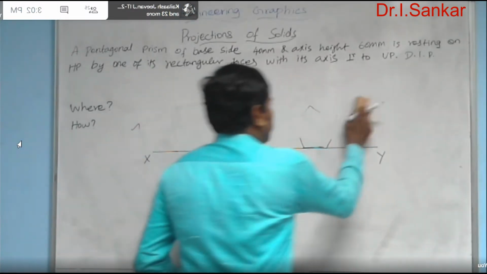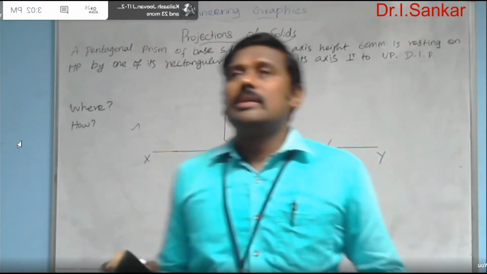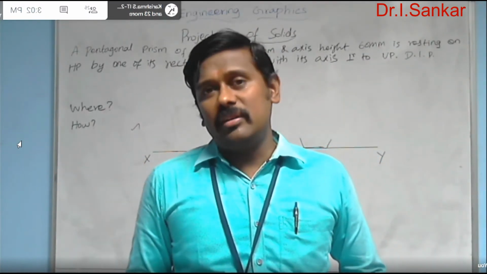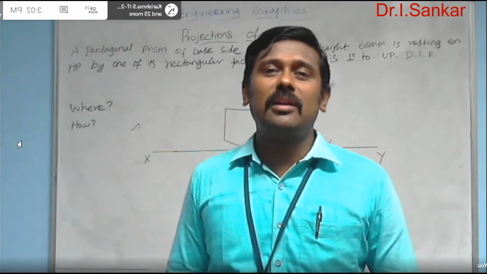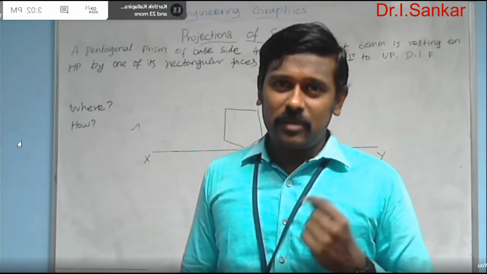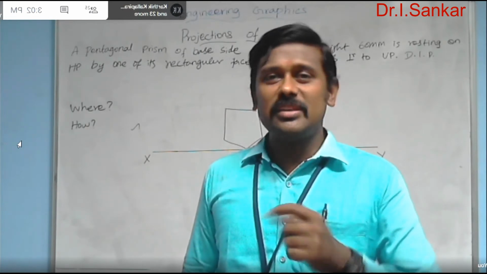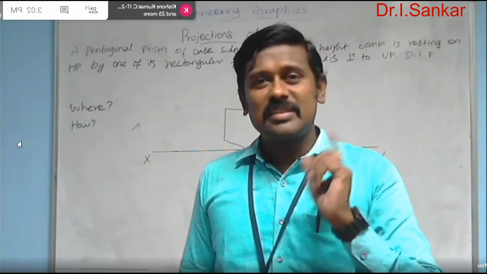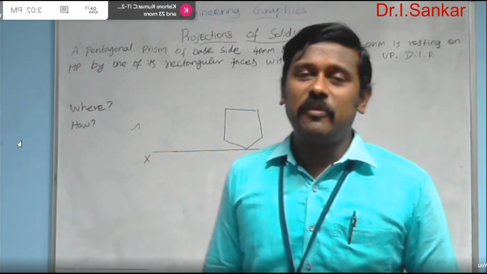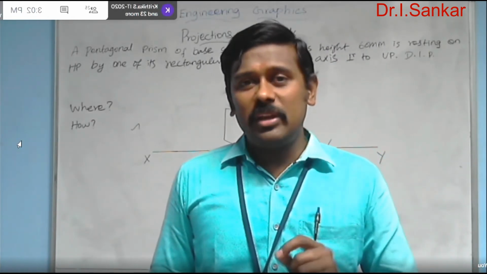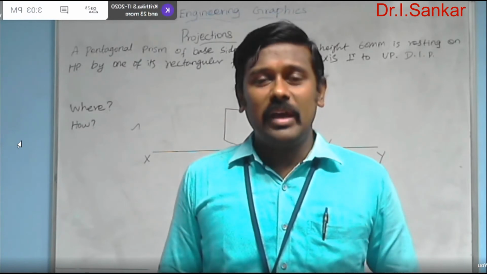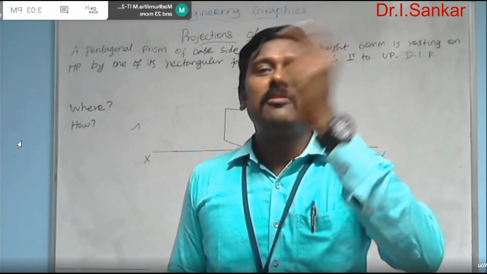Before that, just have the idea how many edges are in this solid. This pentagonal prism: bottom, that is base, 5 edges, face 5 edges, side 5 edges. Totally 15 edges are there in this pentagonal prism. And how many corners are in this solid? 5 base corners and 5 face corners.